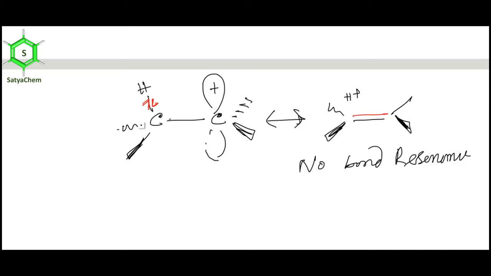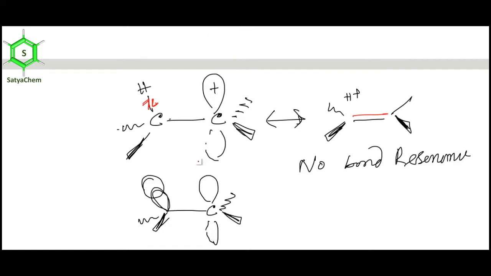Here I am trying to say that the electrons become partially delocalized through conjugation. So the orbital picture will be something like this. This is the sigma CH bond. This is the vacant p orbital.